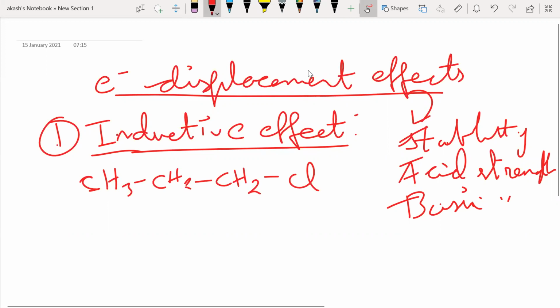I have this particular molecule with me. This is my 1-chloropropane, isn't it? So for the inductive effect to be in the picture, you need to understand that definitely there should be a polar bond, or else you will not be able to visualize this.